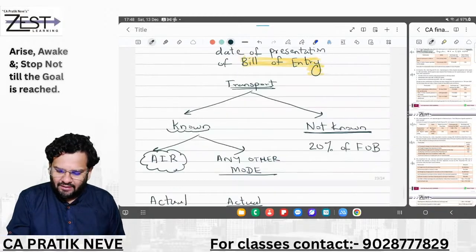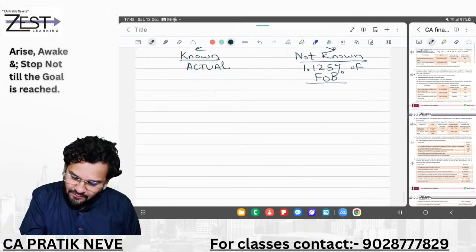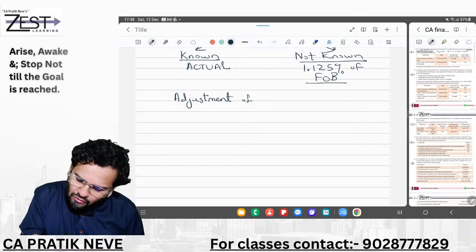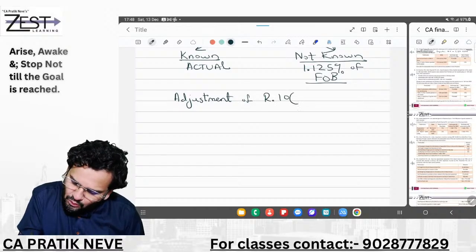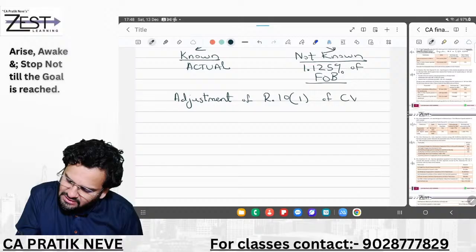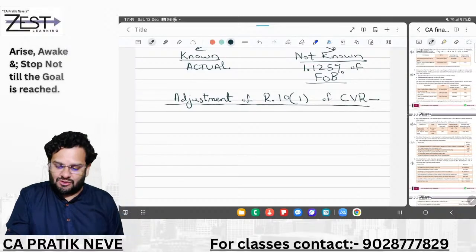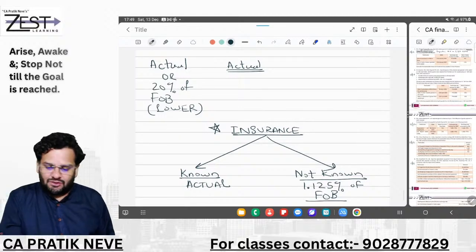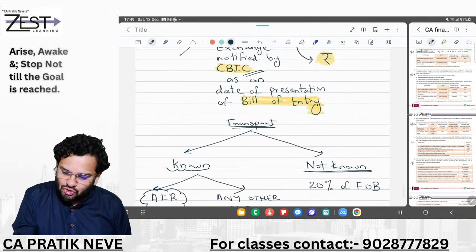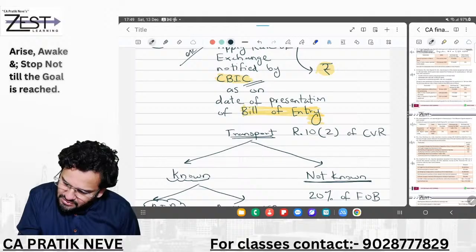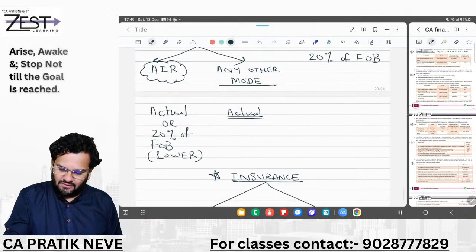Now one more thing I would like to tell you, that there is adjustment of 10(1). What is 10(1)? So adjustment of rule 10(1) of customs valuation rules. Sir, what is this adjustment? Now all of you know adjustment of this transport and insurance. This transport and insurance is as per 10(2) of customs valuation rules.